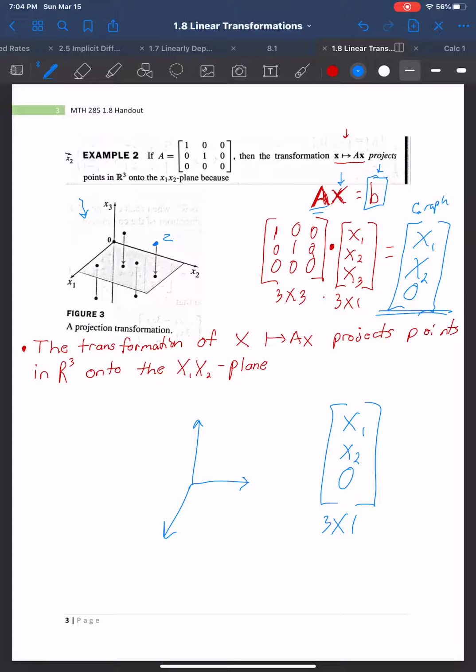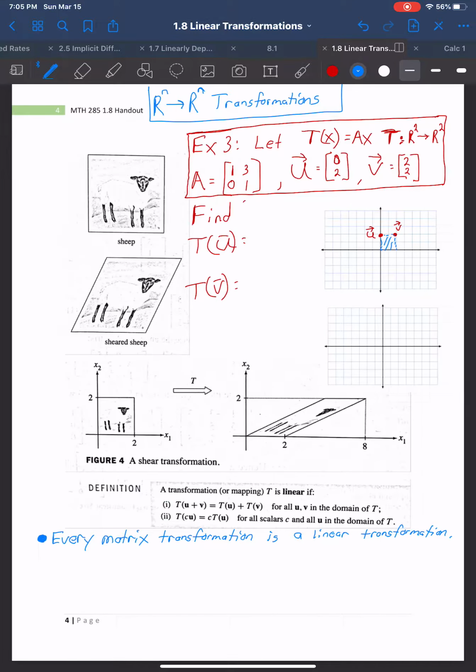Now, after you multiply point Z by that 3 by 3 matrix A, notice how it just projects itself onto this two-dimensional plane, the x1, x2 plane in R2. So that's just some quick geometry of example 2. The math is, again, fairly easy. I think you would agree with me.